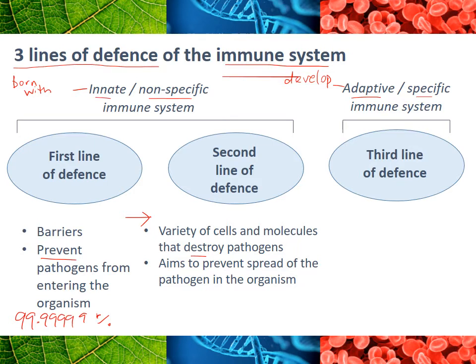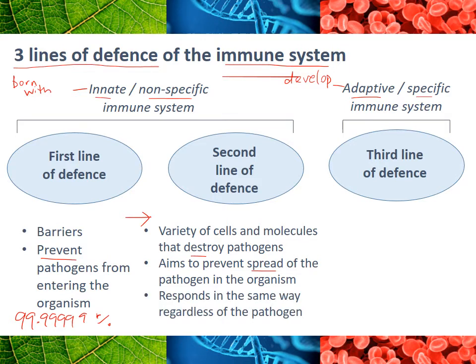The aim of this is to prevent the pathogen spreading within the body. So pathogens will always enter the body in one place. Okay, and we'll look at that in a minute, but they don't just enter every part of your body at once. They enter at one place, and the aim of this is to stop it spreading to the rest of the body.